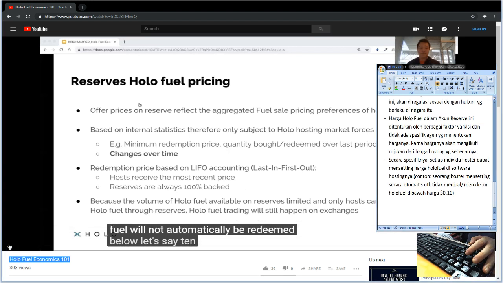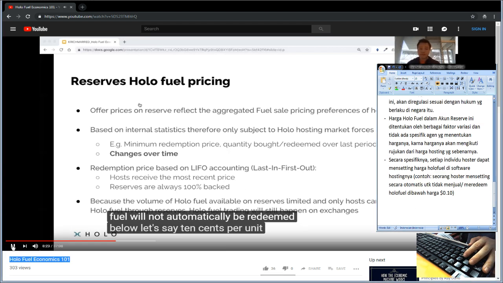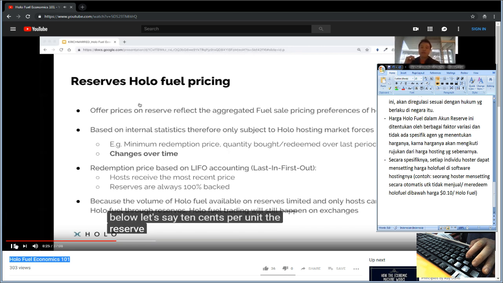Okay. 10 cents per unit. Per Holo Fuel. The reserve account will collect data on all hosts.